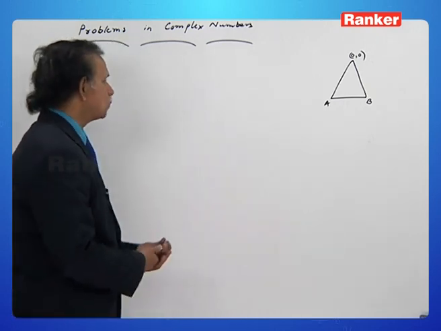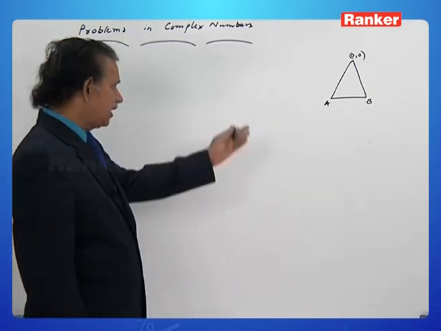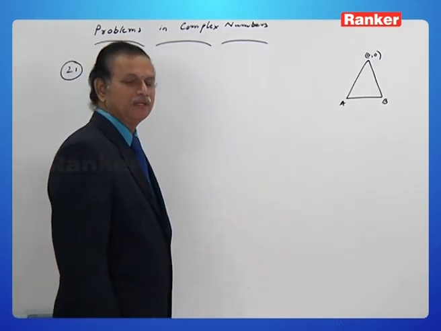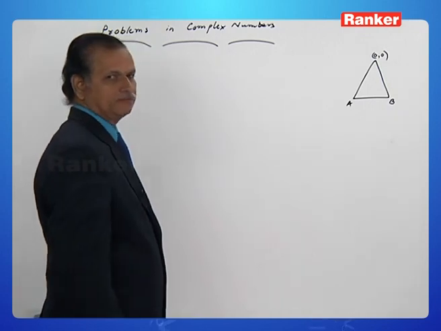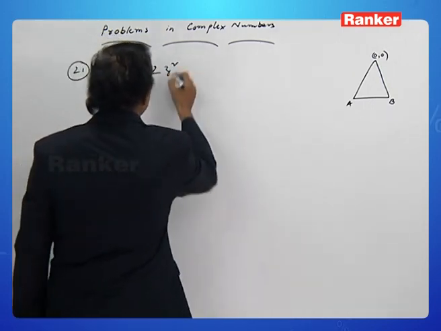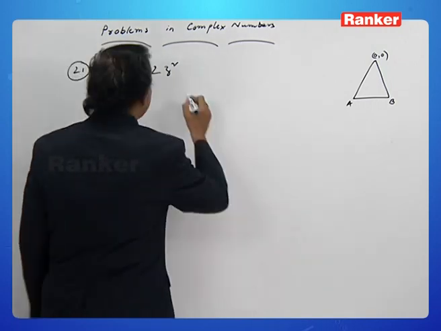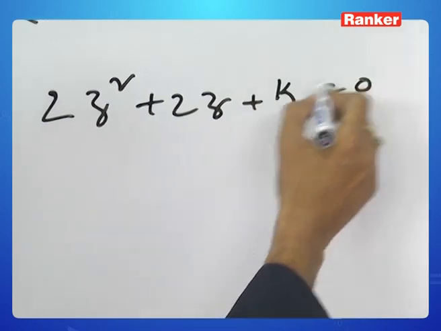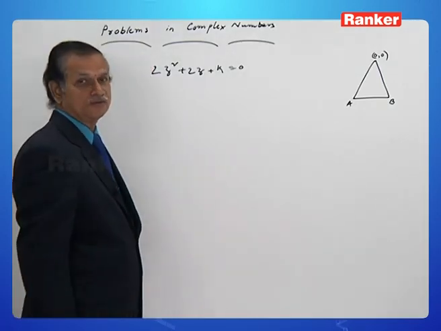How? Let me call the other two vertices a and b. How to get a and b? They are the roots of the equation 2z square plus 2z plus k is equal to 0.